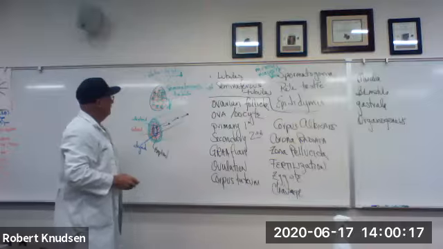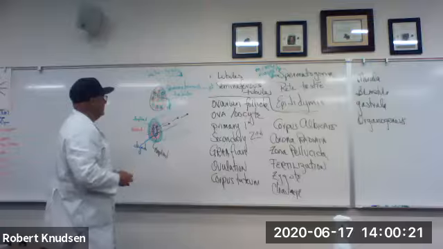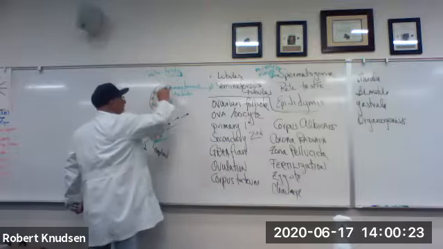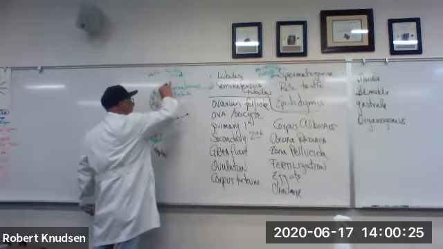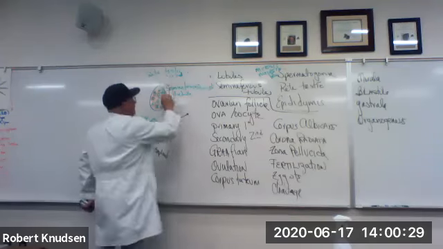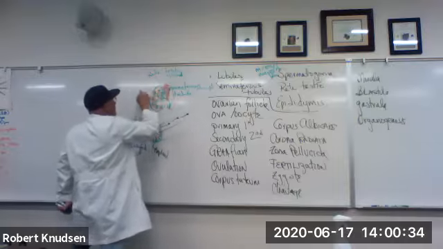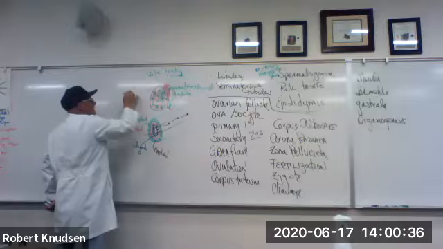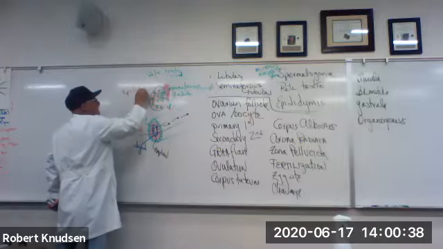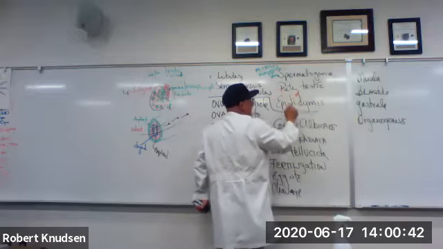Got it? From there, I'll do it in red so you can see it. All these come together into a storage compartment. These all come together in a storage compartment, and the storage compartment is called epididymis. Rete testis, epididymis.